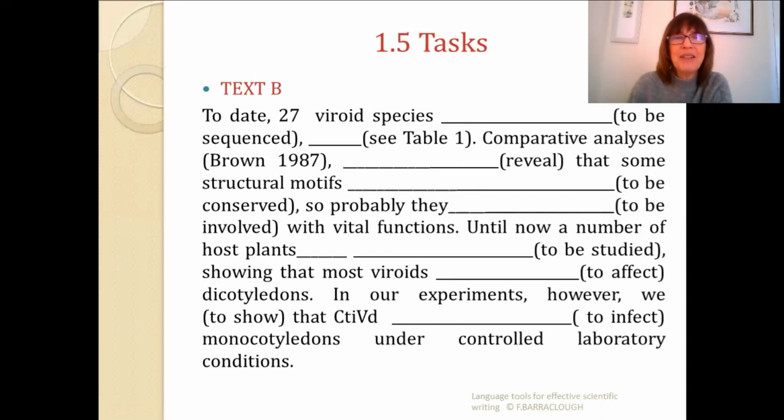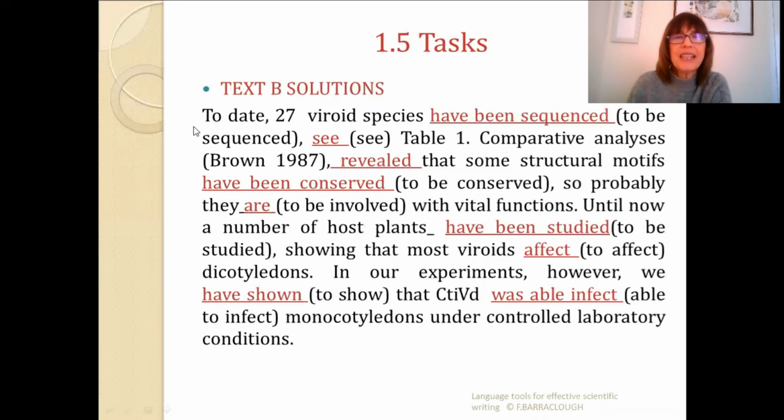Okay, so let's have a look and see what you have done and see if it coincides with my answers. To date, 27 viroid species have been sequenced. See Table 1. Comparative analyses revealed that some structural motifs have been conserved. So probably they are involved with vital functions.